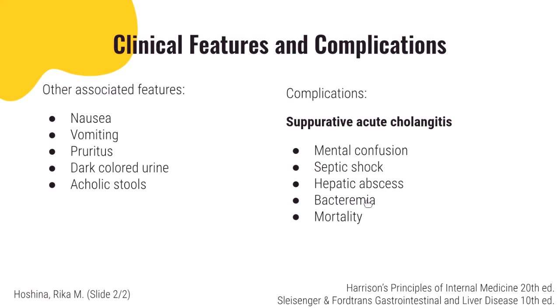So, unless prompt intervention to relieve obstruction and drain the infected bile is done, mortality can reach up to 100%. So laboratory results can aid in identifying the biliary tract as the source of the infection. This will be further elaborated by the next reporter. Thank you.